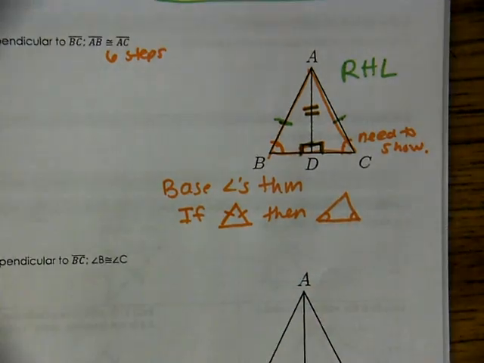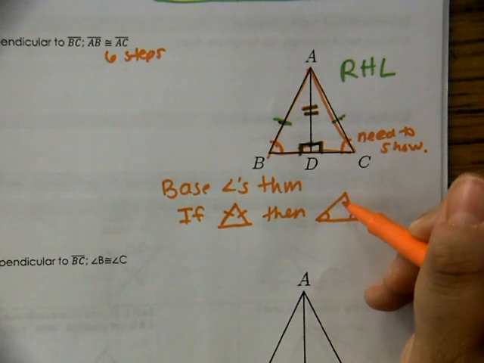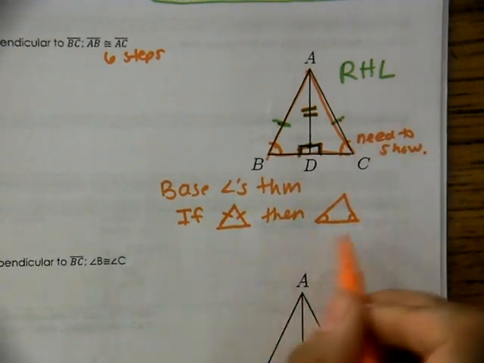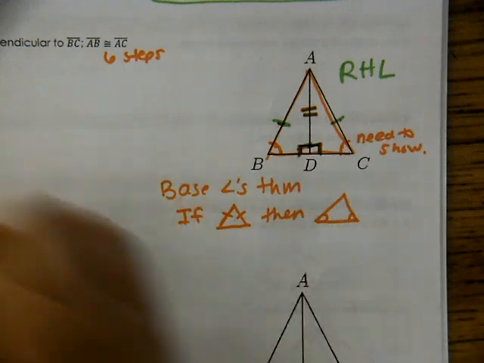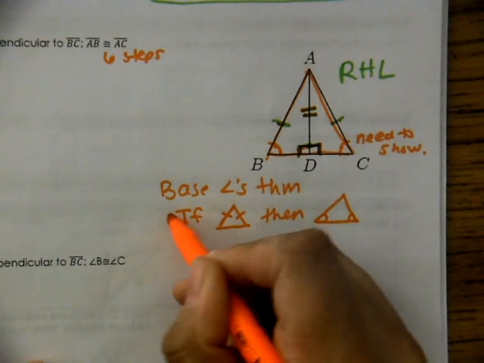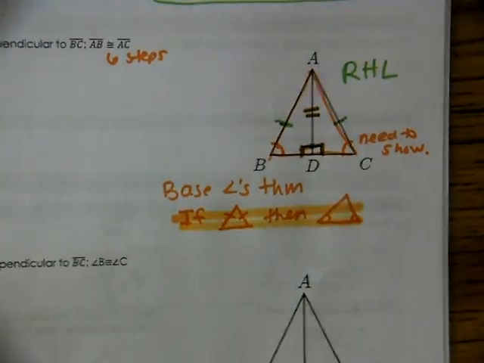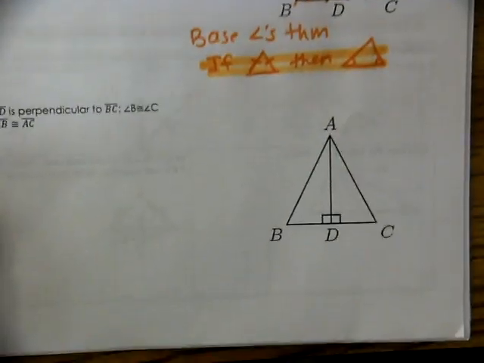These guys down here. The base angles always touch the actual legs at the base. The other angle is called a vertex angle. We don't know anything about that angle, but this is the base angles theorem. Okay, and again, I'm going to highlight this one because it is a new theorem that we're seeing today. And it's on the next page as well. This is just kind of getting ready for that theorem.